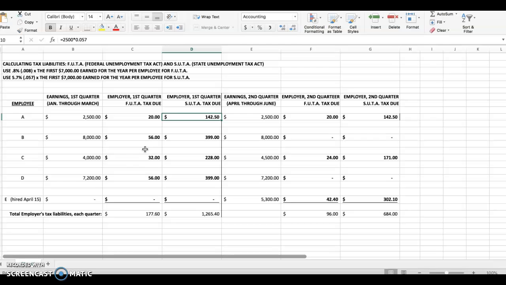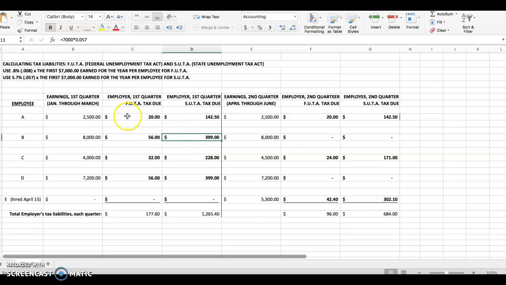So for the first quarter, we have to pay the percentages based on the entire earnings because this employee is not at 7,000 yet. The second one, employee B, earned 8,000. And again, at the top, you see that this tax is based on the first 7,000. So in our calculations here, if you look at the formula line, this is based on 7,000 times the decimal, 0.008.